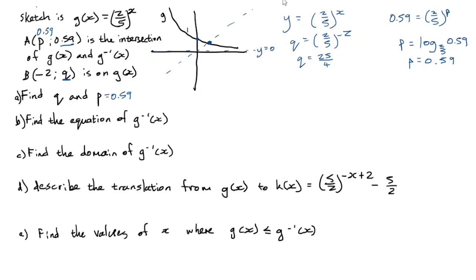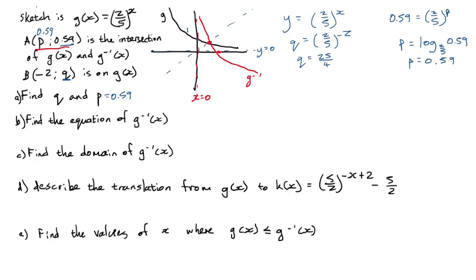So if I wanted to sketch the inverse graph, the y-intercept is 1, so now the x-intercept would be 1. The point of intersection would obviously just be the same, this 0.59, 0.59. And if the y-asymptote is 0, now the x-asymptote is 0. So if I sketch the graph for your reference, it would look something like that.